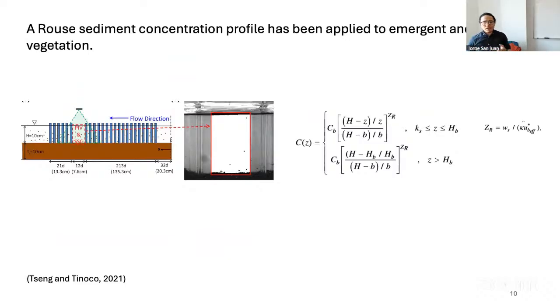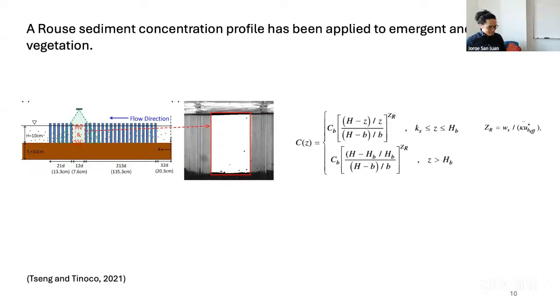And lastly, if we want to put into context how sediments have been approached in canopy flows or flow through vegetation at this point, I could point out this study, San Antinoco 2021.